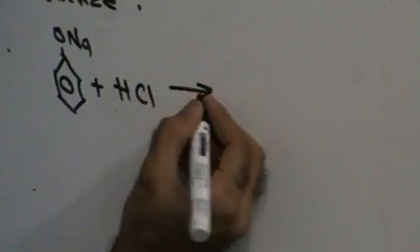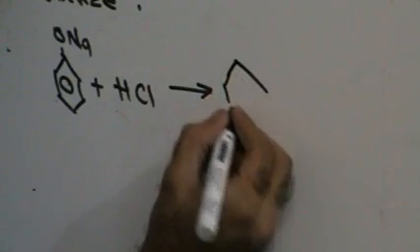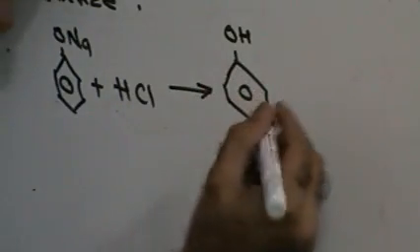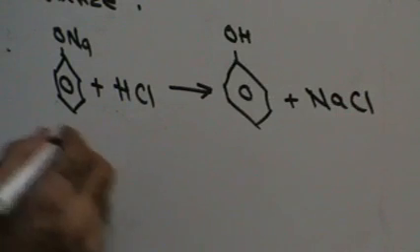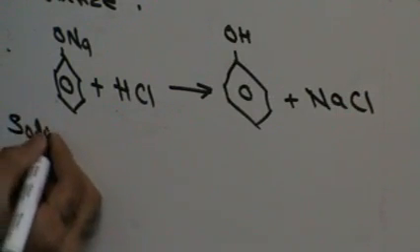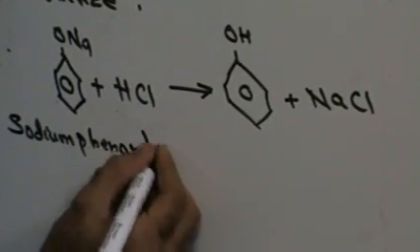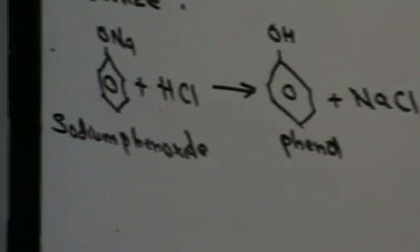Sodium phenoxide, ONa, reacts with hydrochloric acid to give you phenol and sodium chloride, right? So this is sodium phenoxide and this is phenol. Fine, do you get this in here?